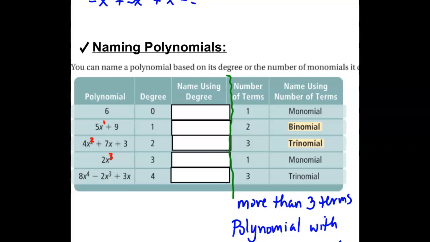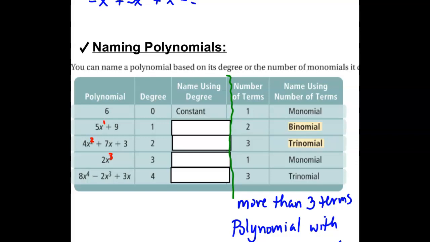Now, the names we associate with those degrees. The first one is called a constant. Okay? Variable means it can vary, it can change. There is no variable on that. So it's constant. It's going to be a 6 forever. The second one, degree 1. If we were to graph it, what would it look like? If I were to graph y equals 5x plus 9. You spent a whole year on it last year.